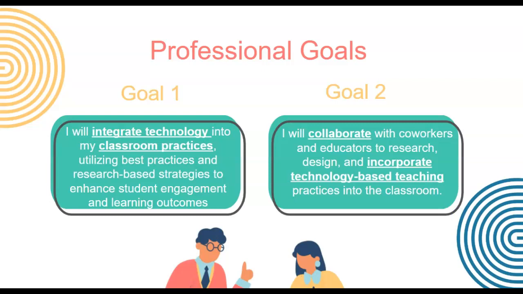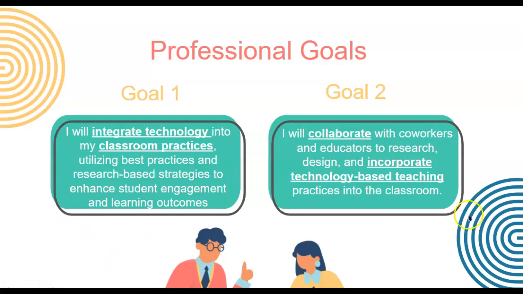The first one was to integrate technology into my classroom practices, specifically looking at assignments that normally would not have been technology-based, but to see how we could use technology in the classroom to enhance student learning and engagement. The second goal was to collaborate with coworkers and educators to research, design, and incorporate technology-based teaching practices in the classroom through the use of blogging.